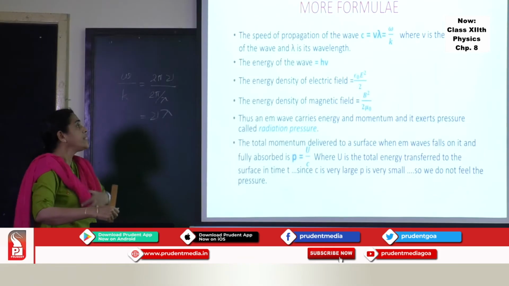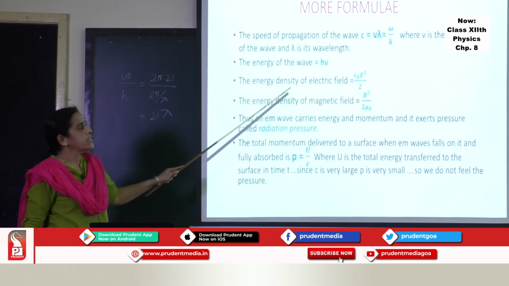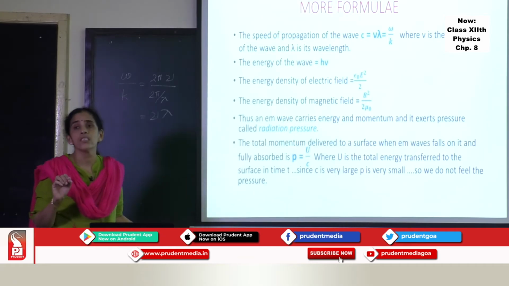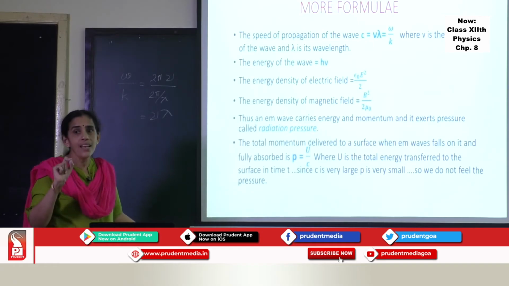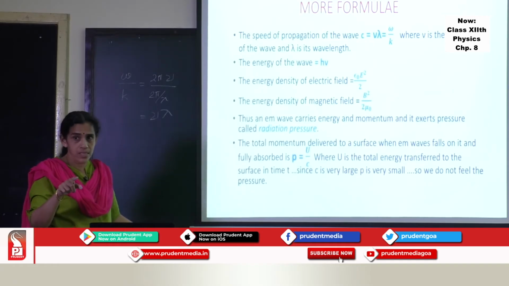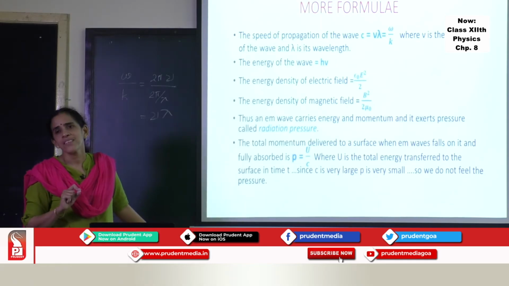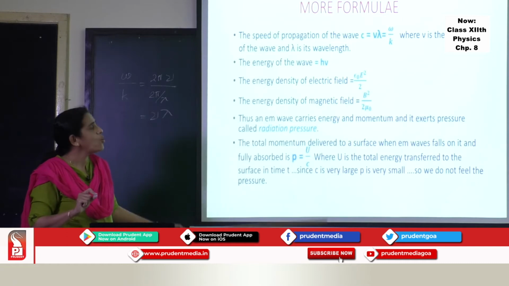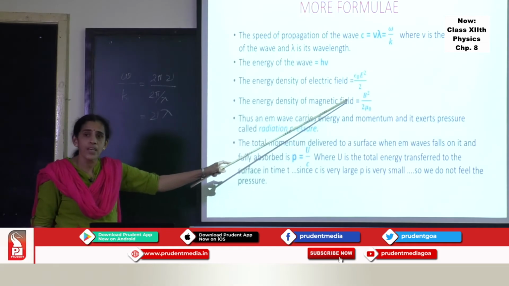Okay. Then the next formula you must remember is the energy density of electric field. This you have studied in capacitors. The energy stored in the parallel plate capacitor, you did derivation. Then you studied energy density, energy stored per unit volume. But the formula is this, half epsilon 0 E square.